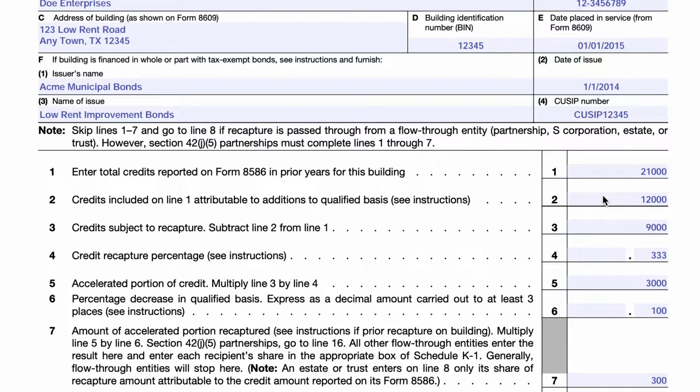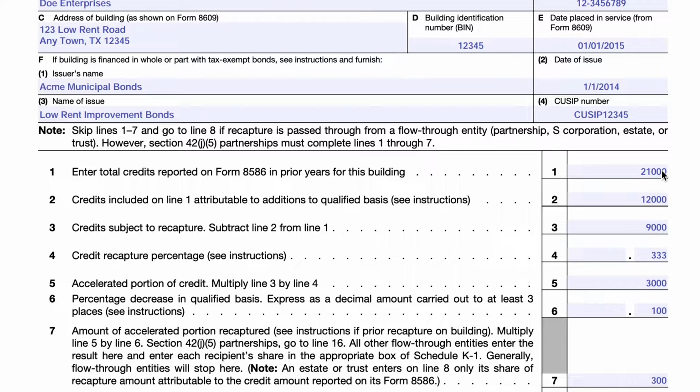You also have to complete lines 1 through 7 if you are completing this form on behalf of a Section 42(j)(5) partnership, because this is where we're capturing the recapture. So on line 1, we entered the total credits that were previously reported on Form 8586 in prior years. I just put in a number, $21,000.